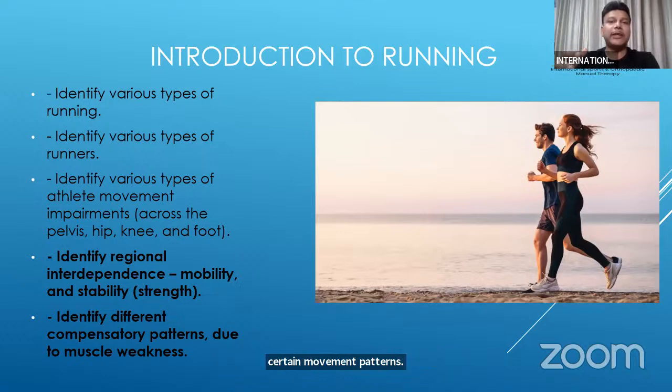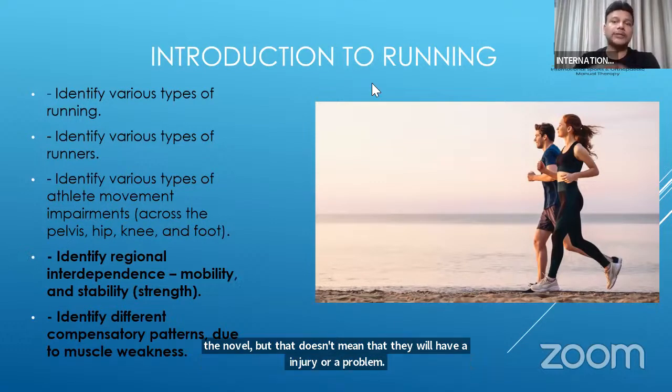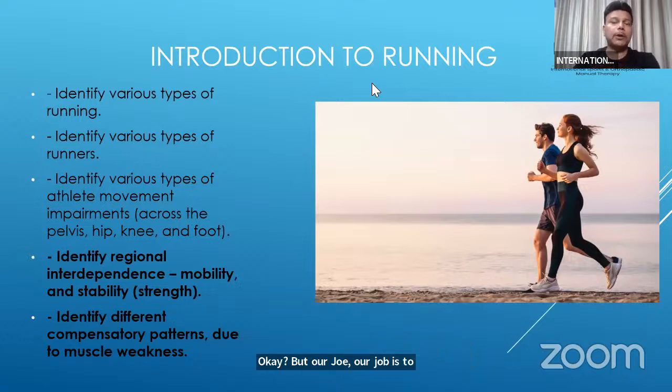Please identify that they might be deviating from the normal, but that doesn't mean they will have an injury or a problem. But our job is to assess proper regional interdependence, mobility, and stability.